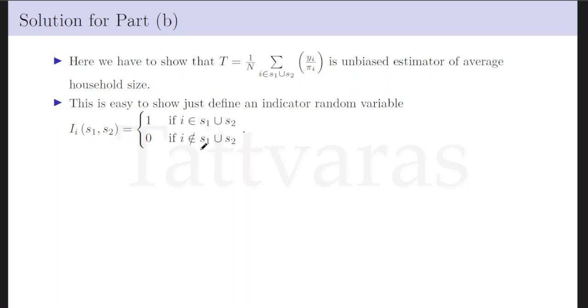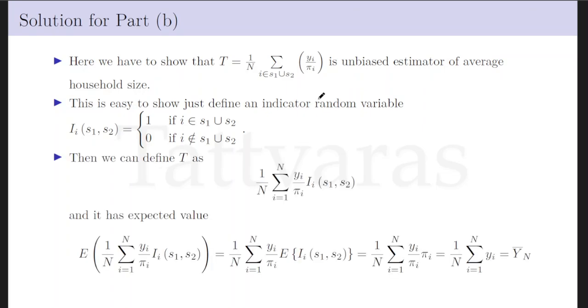If we define it like this, then T can be expressed as the sum from 1 to n of this term multiplied by the indicator. And as you can understand, this will be 1 if i is in S1 union S2, and 0 if it is in the complement of S1 union S2, right? So this will be the case.